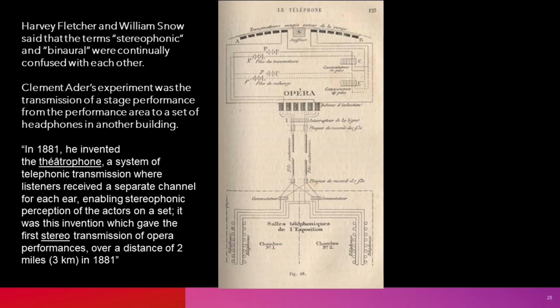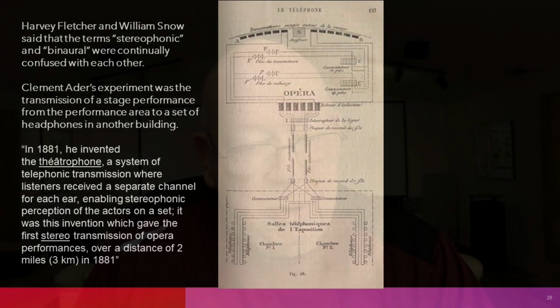And so you see how they wrote that up. The theatrophone is telephonic transmission where listeners received a separate channel for each ear, enabling stereophonic perception. It was this invention which gave the first stereo transmission of opera performances. It was really binaural, but they didn't know the difference, and they still don't.